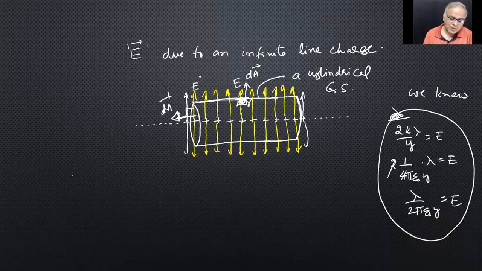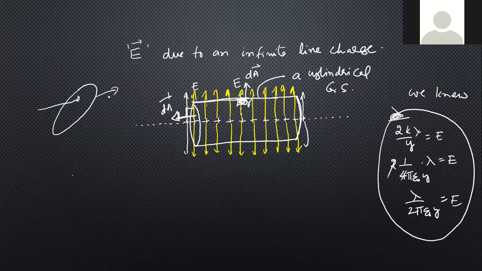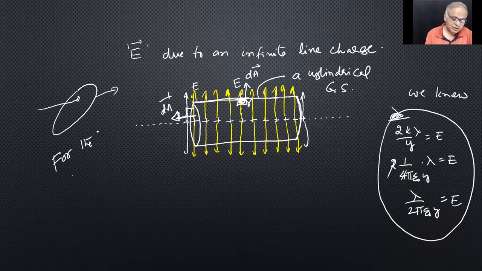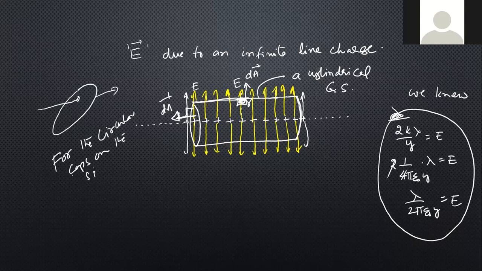If the lines are parallel to the surface, no flux anytime. Only if it pierces through the surface do you get flux. If it is piercing perpendicularly, maximum flux. If it is piercing slantingly, lesser flux. So for the circular caps, on the sides, flux is 0.